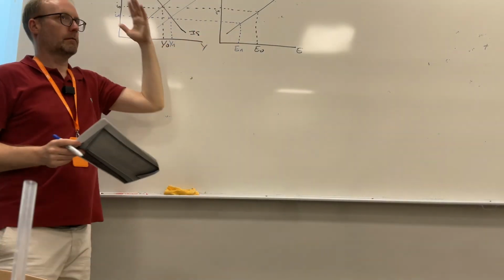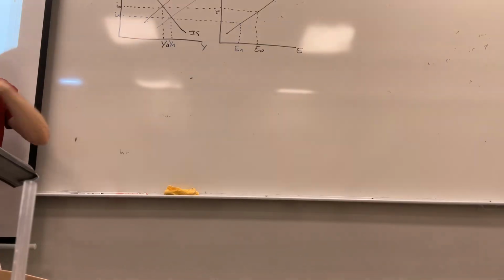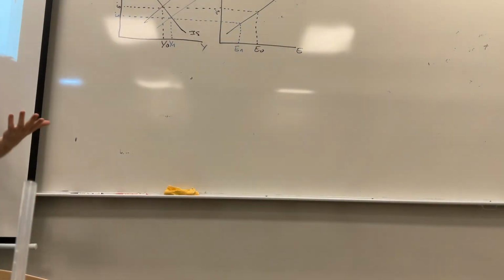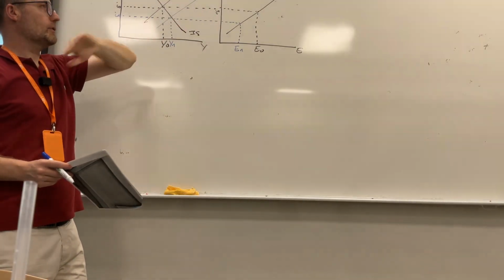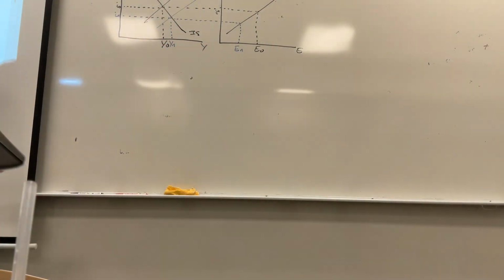Right? People are trying to divest from our country to move abroad where there is a higher interest rate. Right? So they're selling the dong to buy other currencies to take advantage of the higher interest rates elsewhere. So we have a real depreciation.